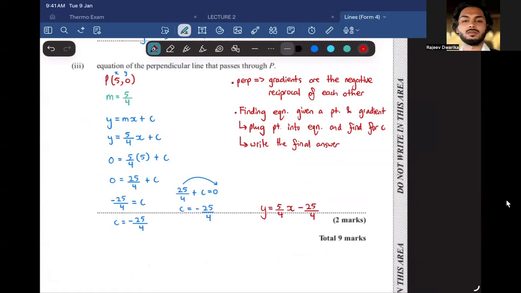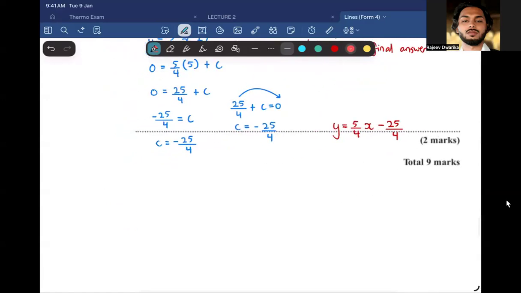Thank you. Now, I want to show you all an alternative way to work these kinds of questions. I'm going to show you all something called the slope point formula. And when would you use this?